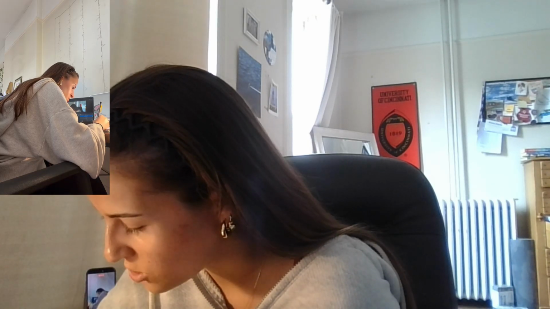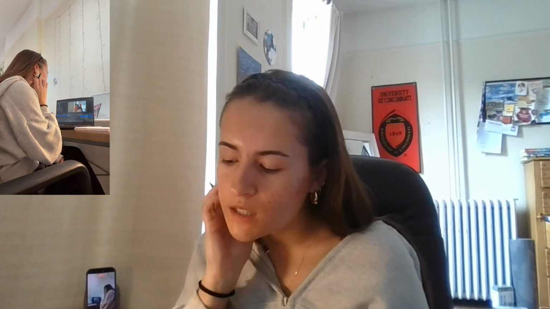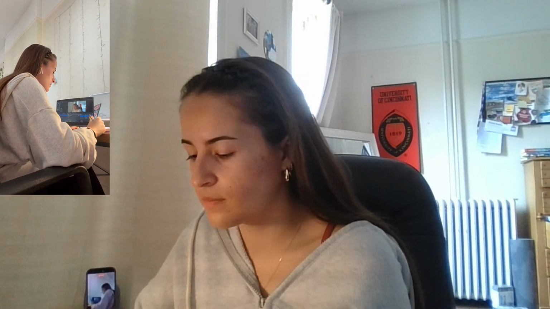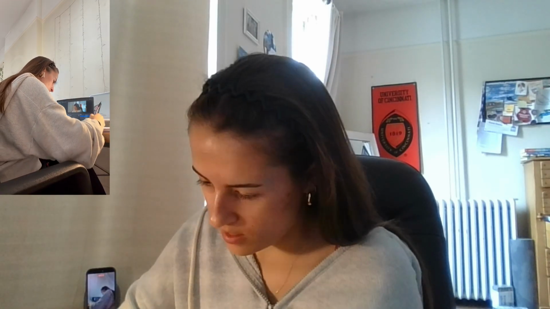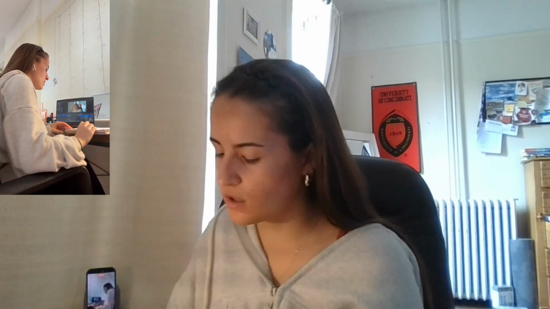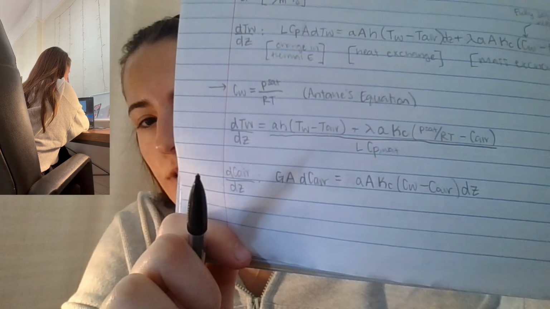And then we're doing concentration of water again, minus concentration of air, times dz. Actually, the enthalpy of vaporization is not in there this time. So this is what we have for concentration of air, so that's the concentration of water in the air.